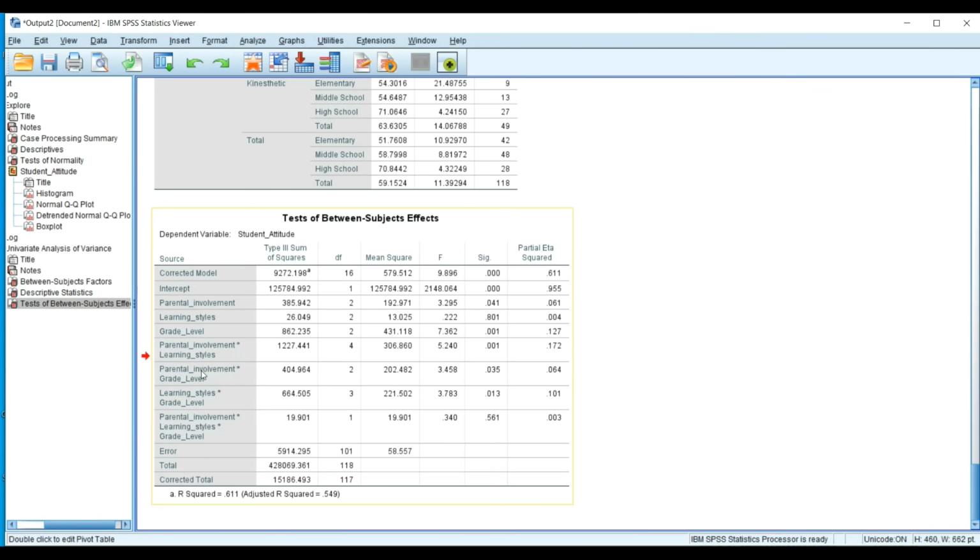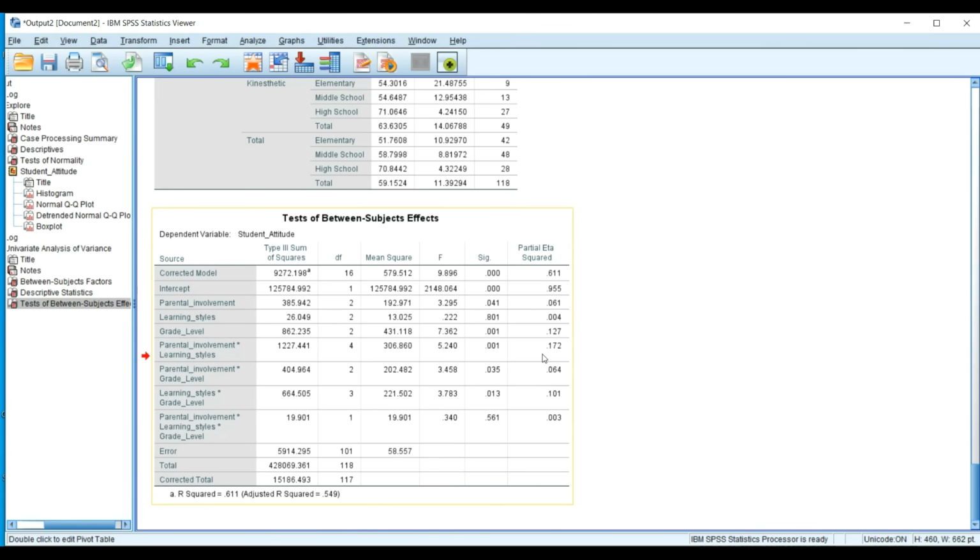And then the same thing also happened here. You can see the parental involvement, when it interacts with the student's grade level, we also find that it makes a significant contribution to students' attitude, because this is 0.035, that's less than 0.05 statistically significant alpha level.